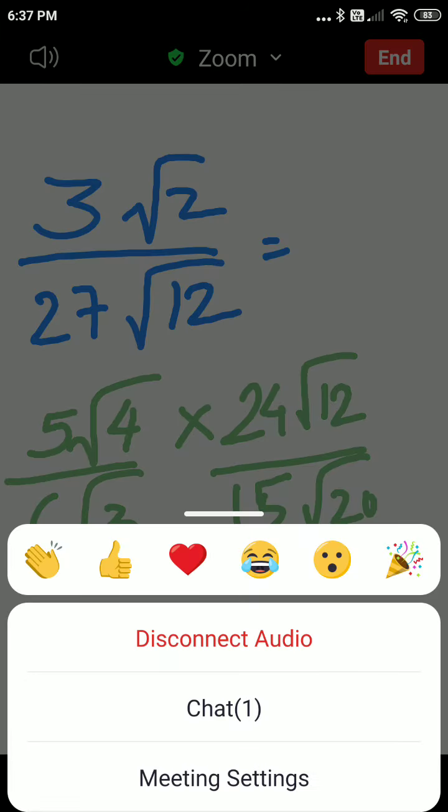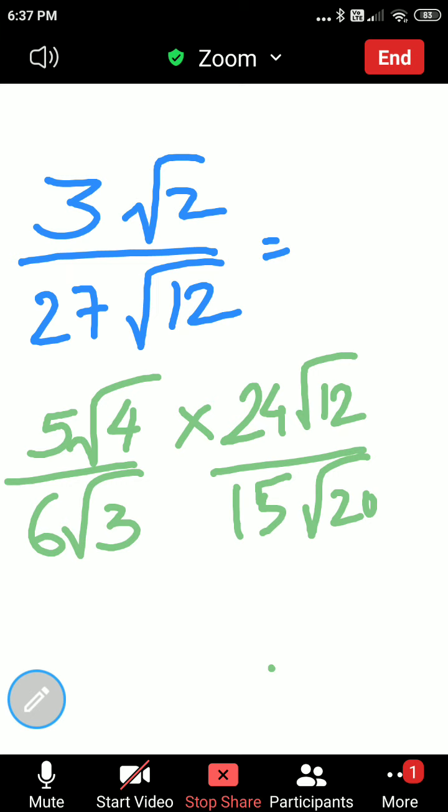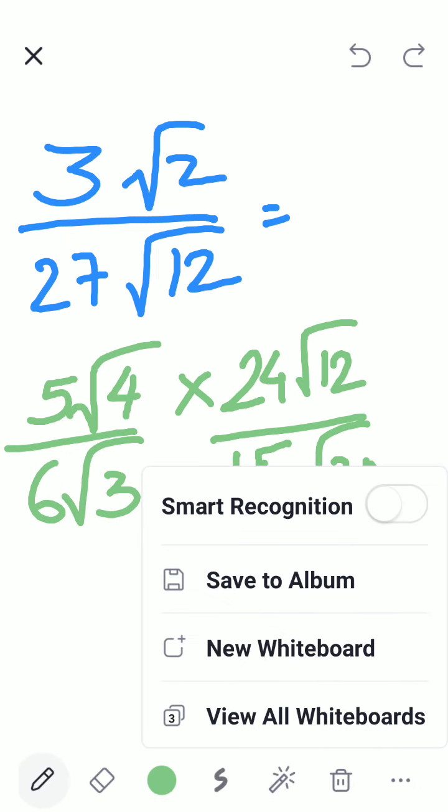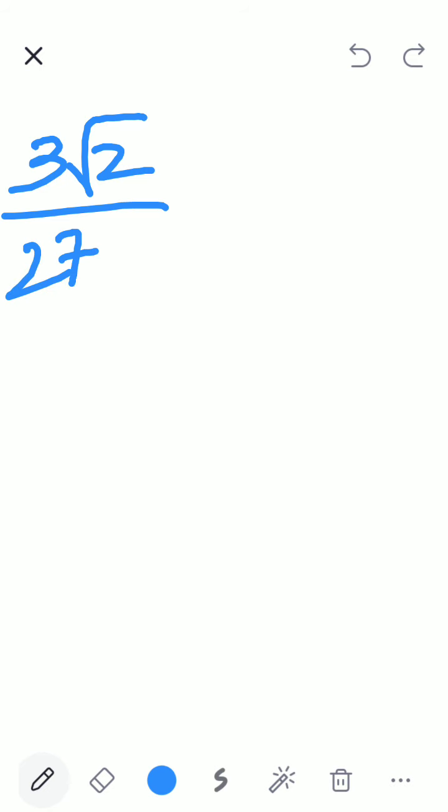Children, like this we won't be able to progress. Okay, so we had 3 root 2 divided by 27 root 12. Correct?